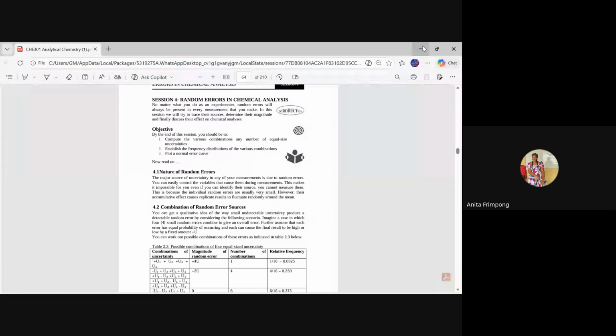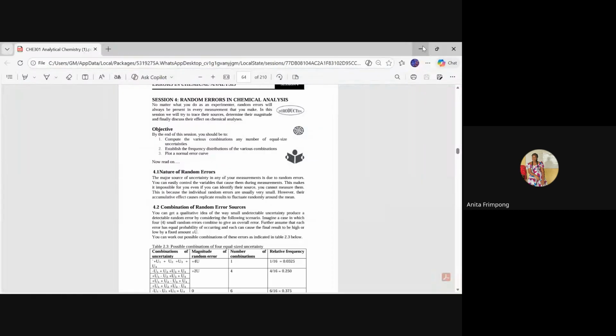Combination of random error sources. You can get a qualitative idea of the way small and undetectable uncertainties produce a detectable random error by considering the following scenario. Imagine a case in which 4 small random errors combine to give an overall error.